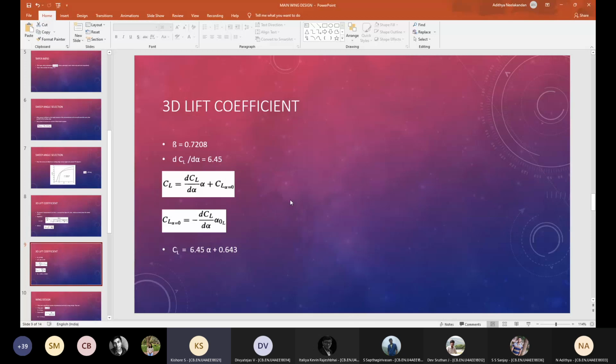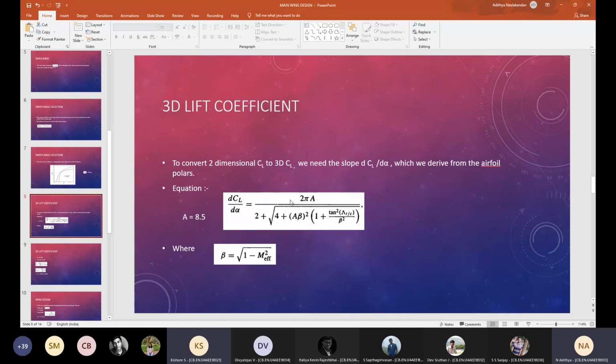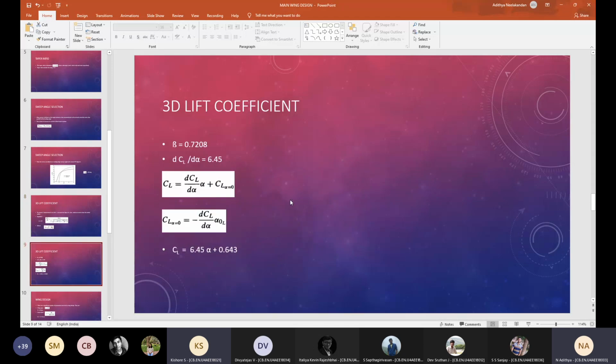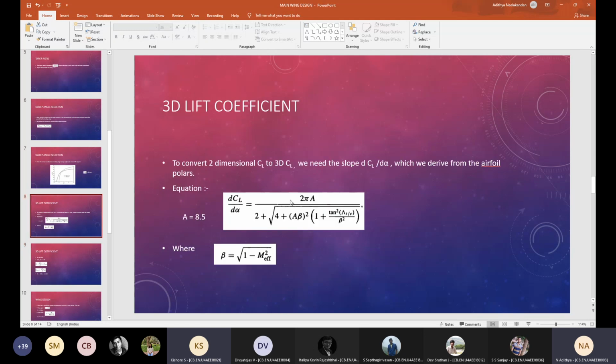According to thin airfoil theory, it is roughly 6.28, but for the 3D lift slope you are getting 6.45. It should be lower, right? Yeah, but that is because our altitude is 40,000 feet and we need a high dCL by d alpha for 3D coefficient of lift. I also anticipated that 6.45 is a bit high, but I repeated the calculation 5 or 6 times, and I still got 6.45. Okay.